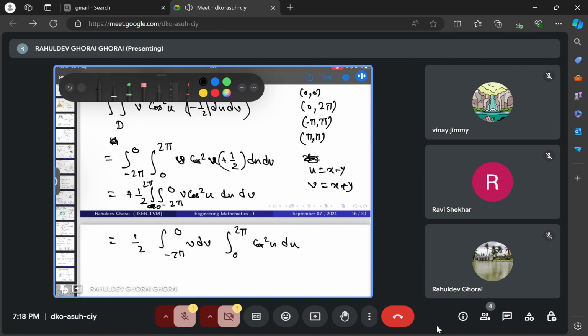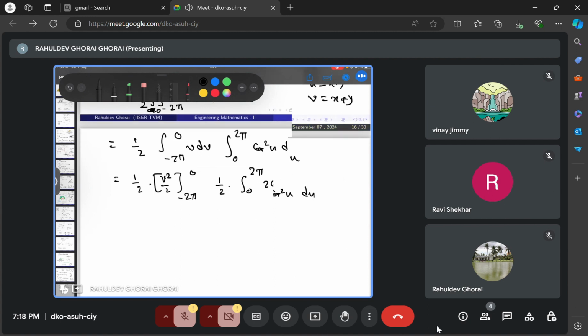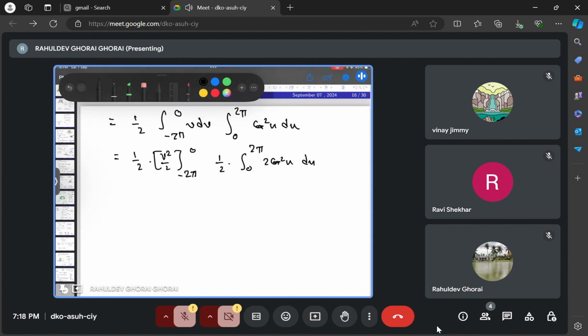So this first quantity will be half times v square over 2, minus 2 pi to 0, and here you can write as half times 0 to 2 pi 2 cos square u. I'll do in the next step why I'm writing like this.